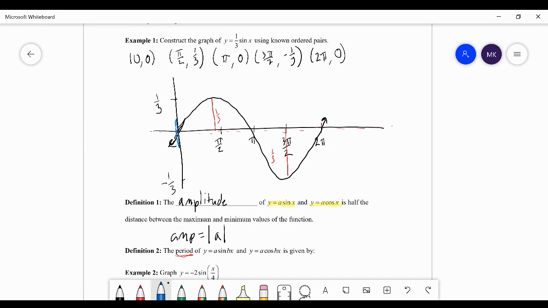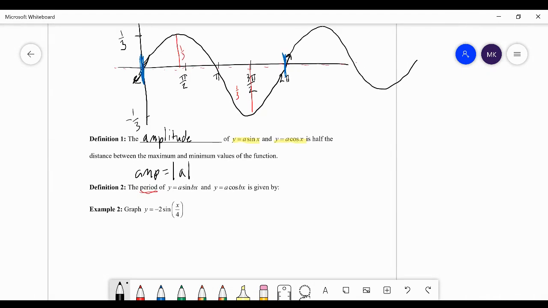We can see that right here is where it starts, and then it comes to right here. If we continued graphing this, it would just keep repeating what we have in here. That distance went from 0 to 2 pi, so this has a period of 2 pi.